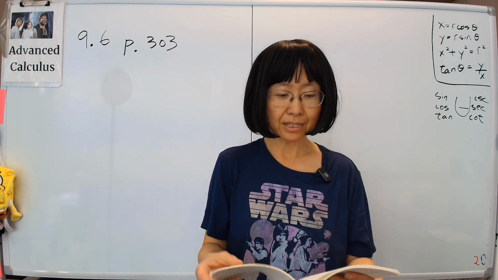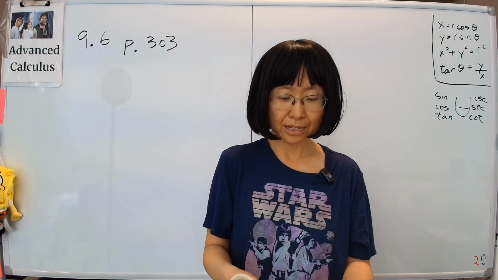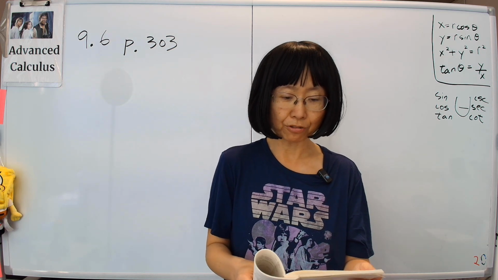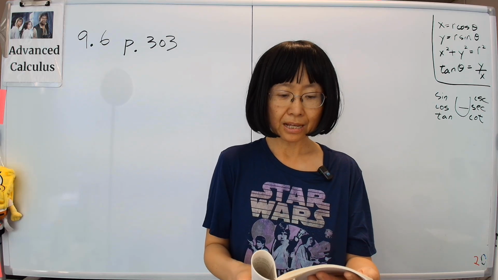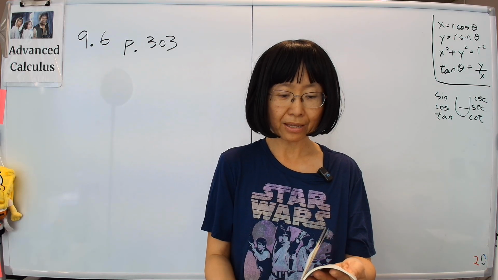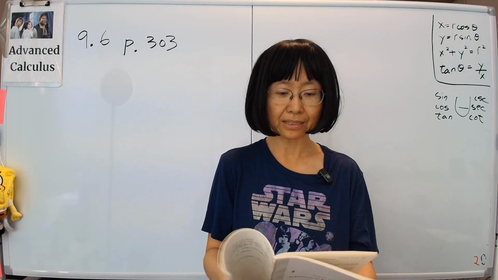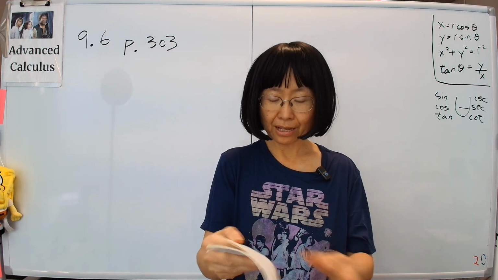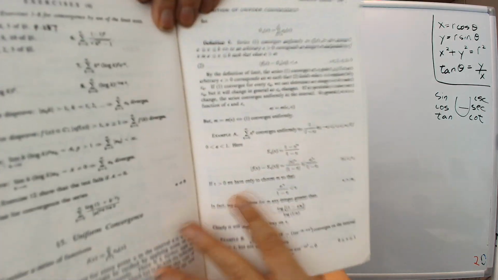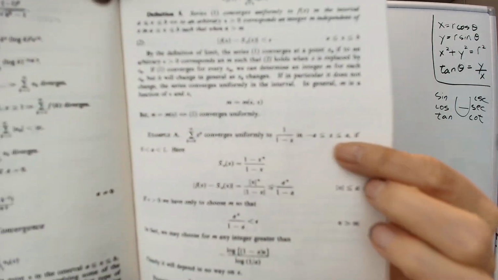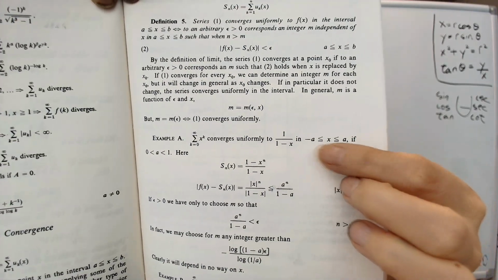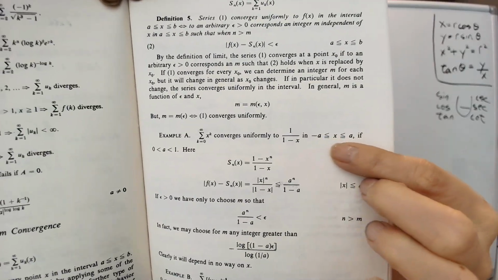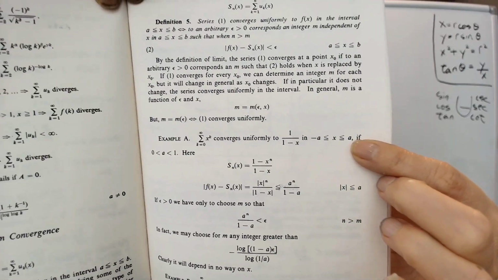Now to see this, let's turn to the next page, 304, where we consider example A, back on page 299. Back in 299, we had an example of uniform convergence of a sequence of continuous functions, that is, it converges on minus a to a as long as a is less than 1.